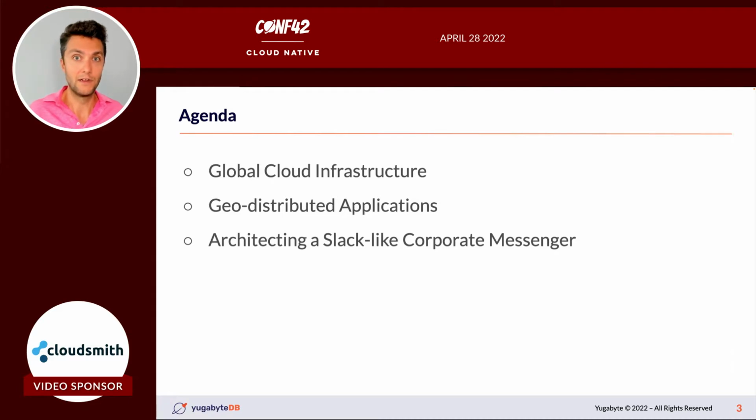After that, we will do an introduction to geo-distributed applications. How those applications are different from standard applications, what are the benefits, what are the trade-offs. And eventually, with step number 3, we will practice designing and architecting a geo-distributed application by taking a Slack-like corporate messenger as an example.